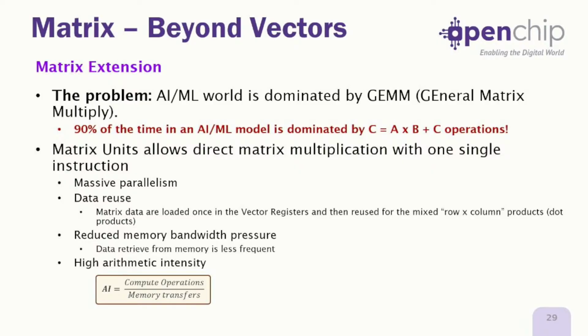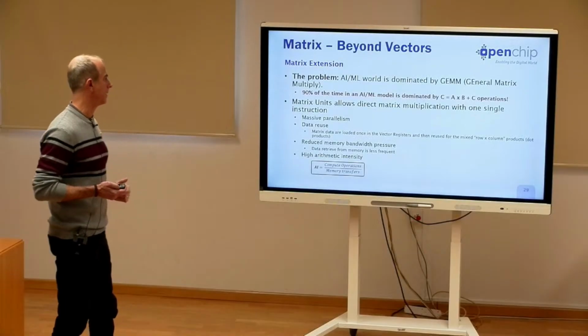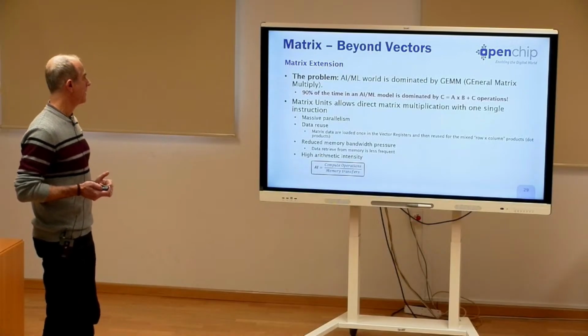It is generally called GEMM, and we can say that 90% of the time, for example, an LLM model is dominated by matrix multiplication. This kind of operation is generally named fused multiply and accumulate, because you do many times A times B and then add C without putting back the results to the target vector register.